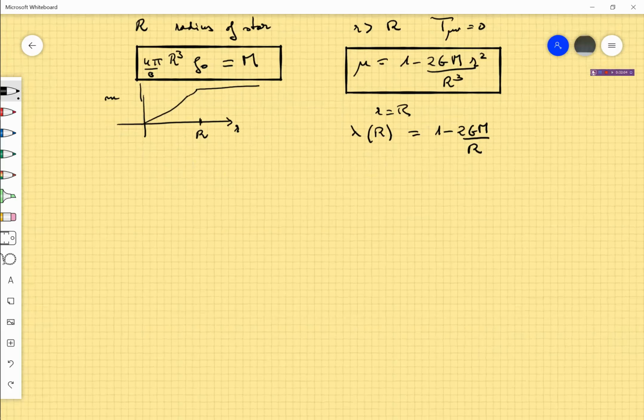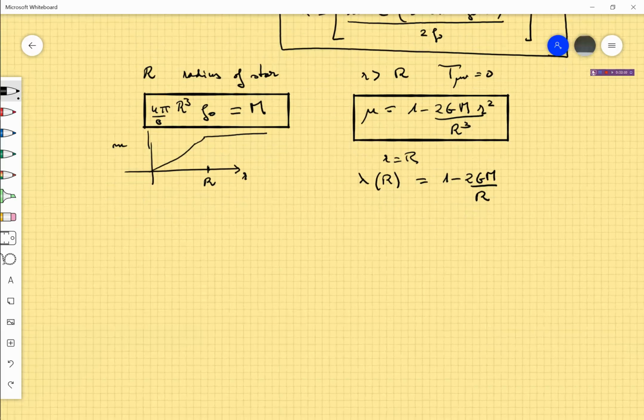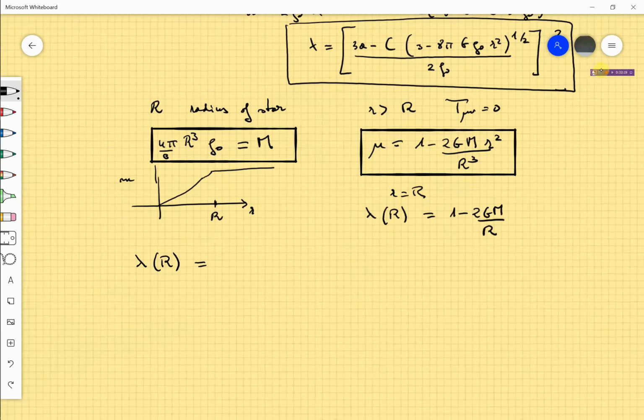Now, imposing this in this form of lambda, we'll fix probably c. So let's just do the calculation. We have 3a, and we also have that constant, 3a pi G rho 0, but rho 0 is M, the total mass, divided by 4 pi R cubed, and then R squared, which is capital R squared.